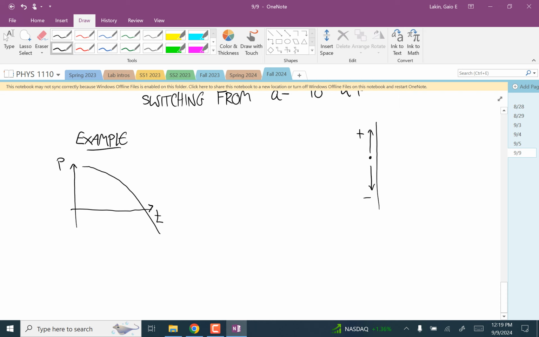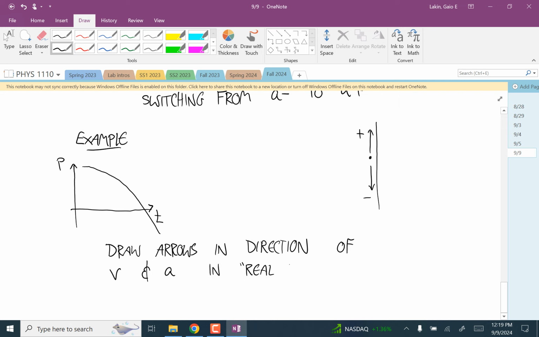Okay? And so now what we want to know is, draw arrows in the direction of the velocity and acceleration in the real world.